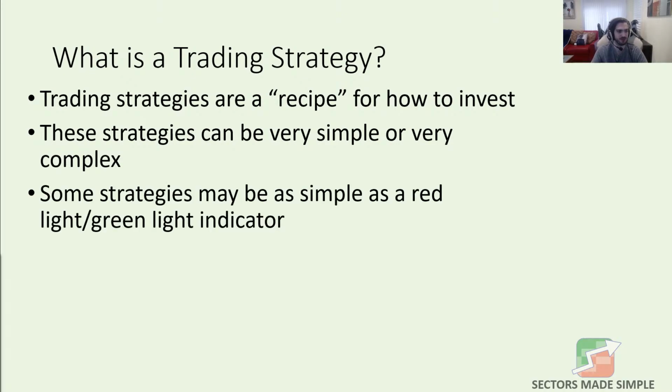And these strategies will give us different things. Some strategies can be as simple as telling you, is it a red light or is it a green light? Is it stop or is it go? Or in words that I'll be using throughout this presentation, a go or no-go decision. Do you invest? Go.